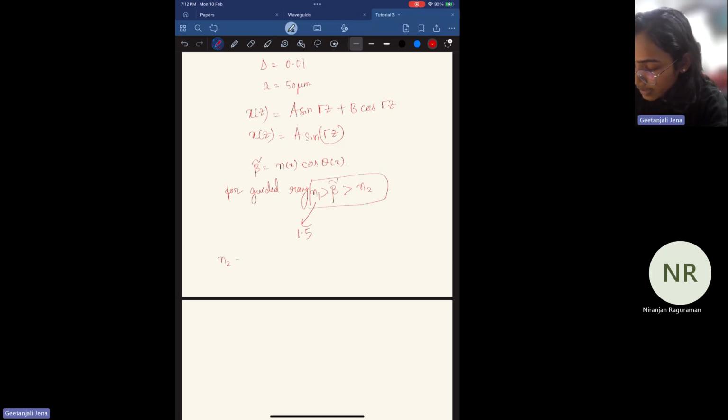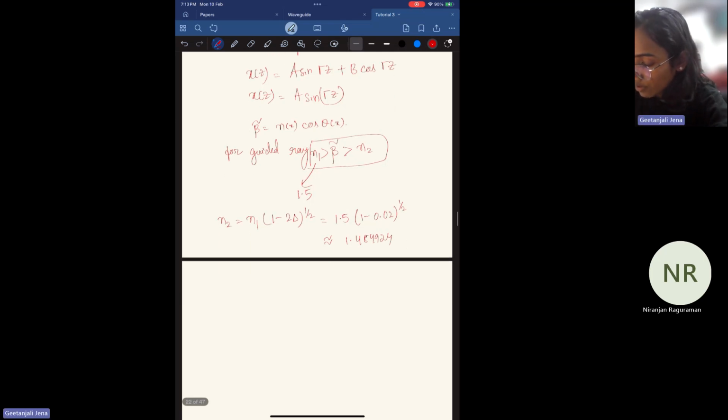So n1 is given, it is 1.5, n2 is n1 times 1 minus 2 delta, power half. So it is 1.5 times (1 minus 0.02) power half. If you calculate it, it will come around 1.484924.